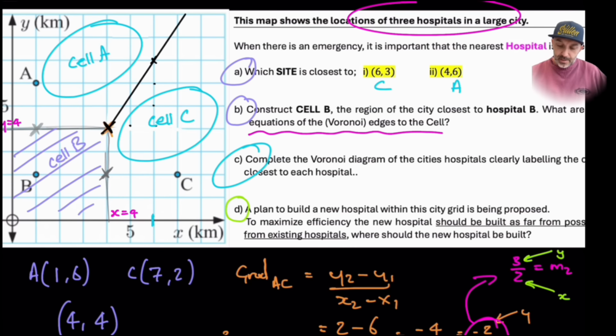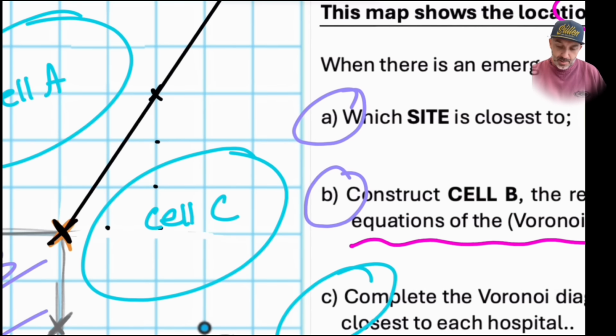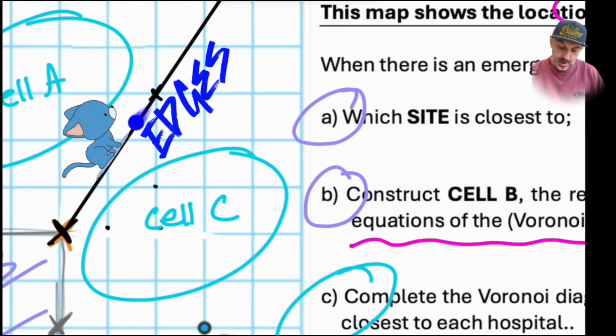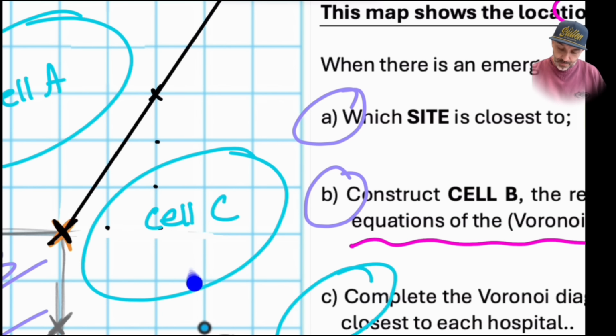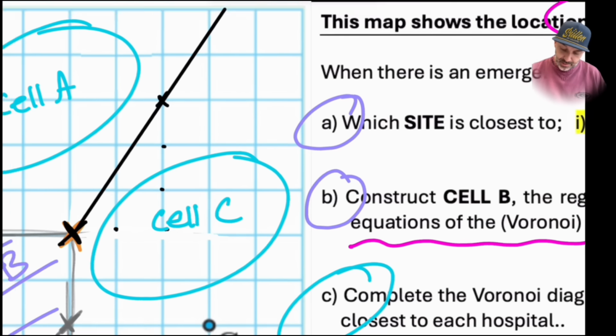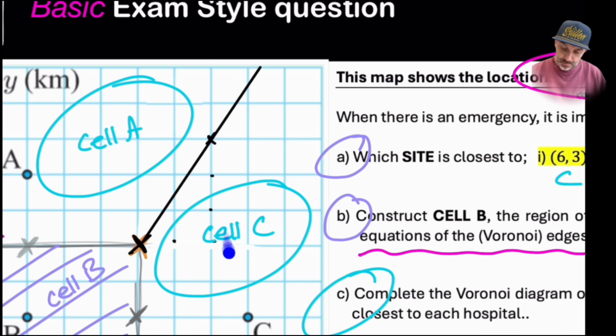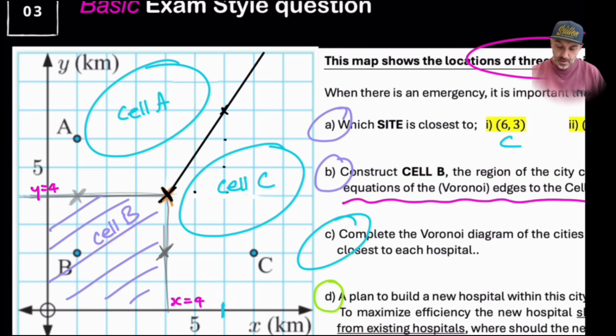Part D, if you think about this, if you are anywhere on these lines, you are equidistant to the corresponding sites. So if I was here, the corresponding sites are C and A. So I'm equidistant to C and A. So where are we going to be equidistant from all the sites, not closest to one than the other? Well, that would be where the vertex is here.